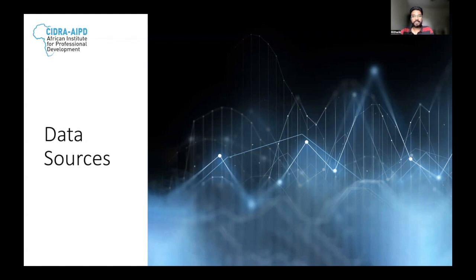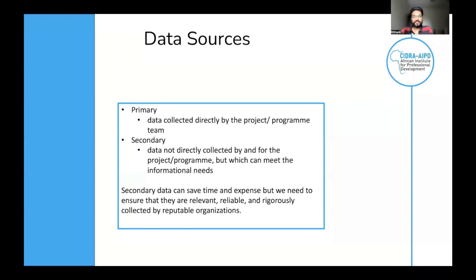When you're talking about the real world, about your project, you can have lots of different sensors. They could be primary, they could be secondary. If you're collecting your data yourself, that would be a primary source.